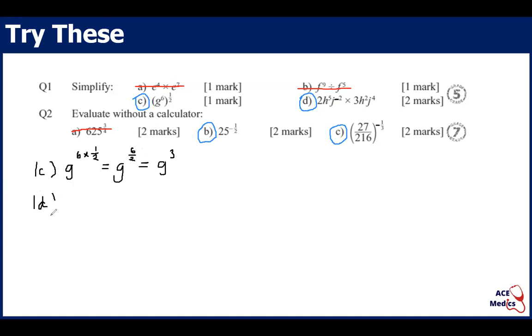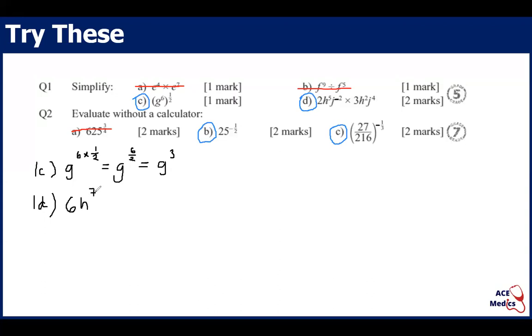1d then. For 1d, we just essentially need to work through each of the terms. So we've got 2 times 3, so that's going to be 6. We've got h to the power of 5 multiplied by h to the power of 2. So remember, we add indices when we're multiplying them. So we're going to have h to the power of 7.